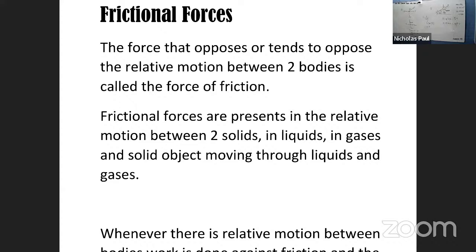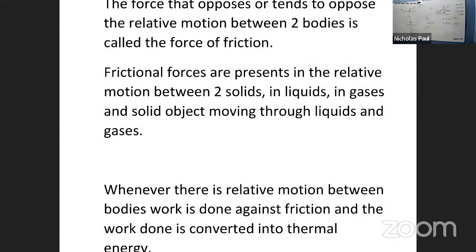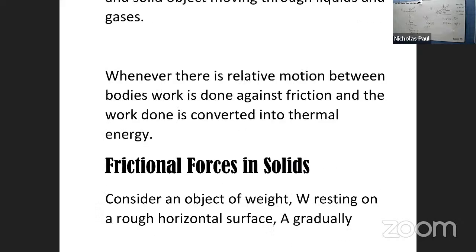Frictional forces are present in the relative motion between two solids, and for solid objects moving through liquids and gases. It's in the handout. Whenever there is relative motion between bodies, work is done against friction, and the work done is converted into thermal energy. All those things you know already, right?